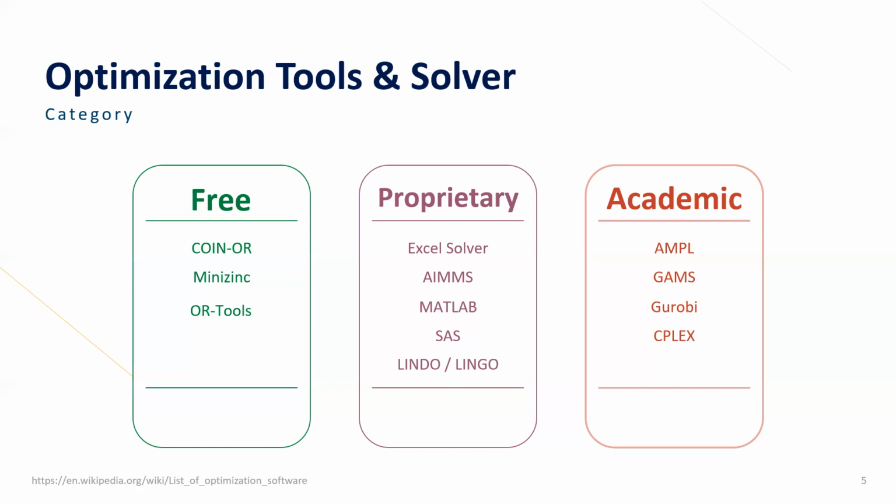I categorize it into three types of optimization tools and solvers. There are free tools and solvers, and then there are proprietary ones. That means it's commercial, and normally you need to spend some money to buy the software to be able to fully utilize its features. And then there are those that provide an academic version.